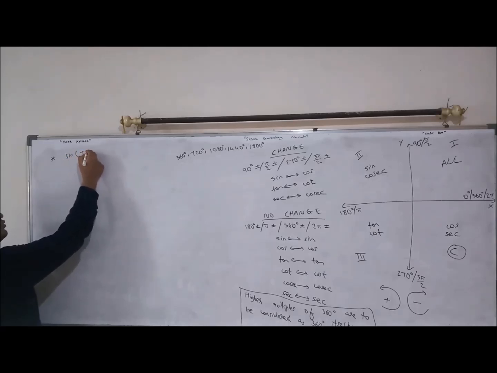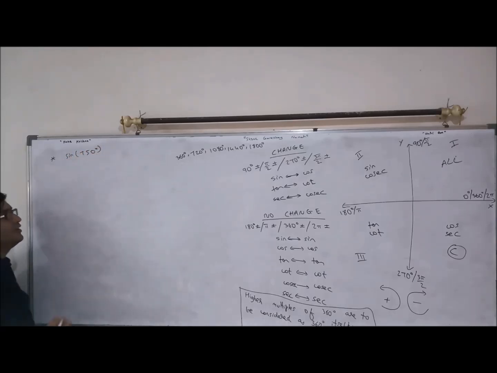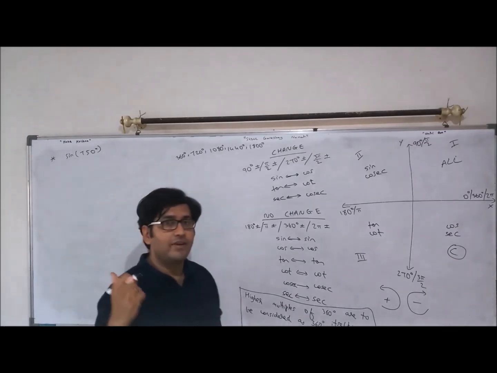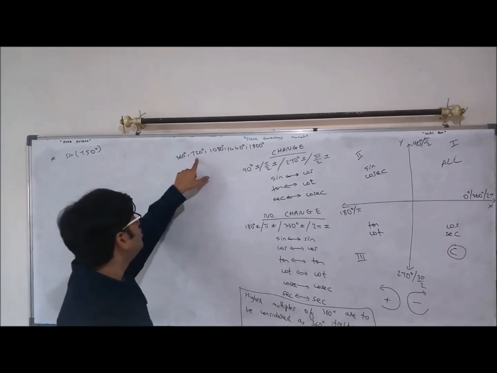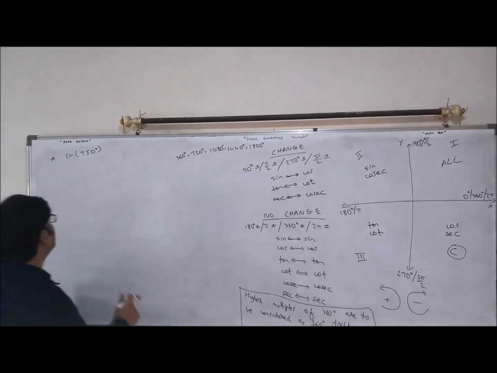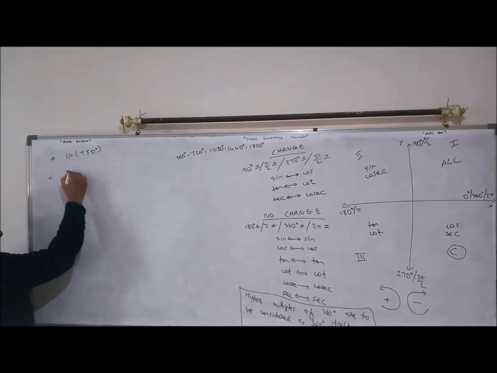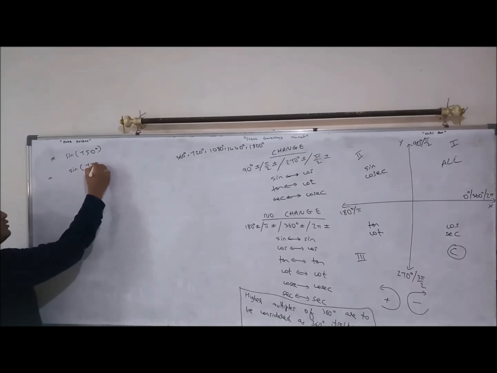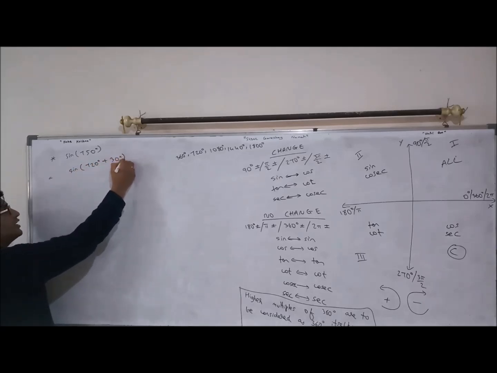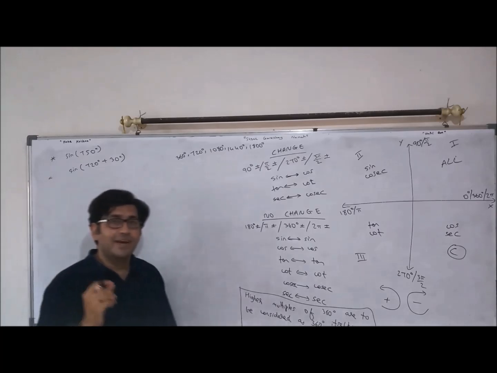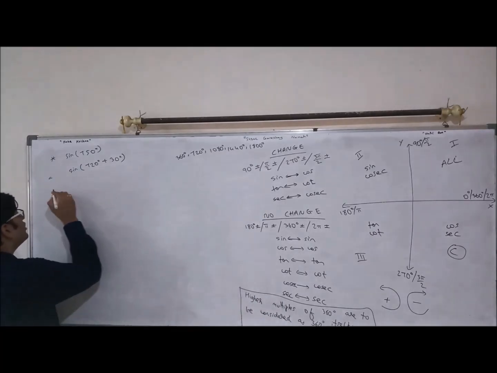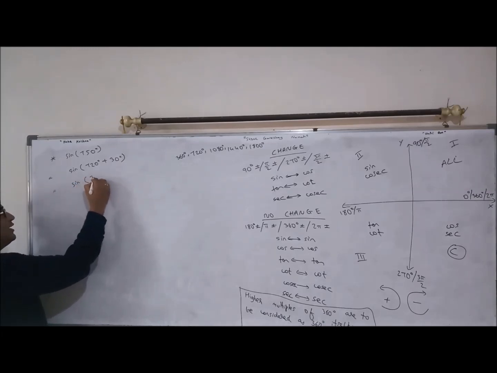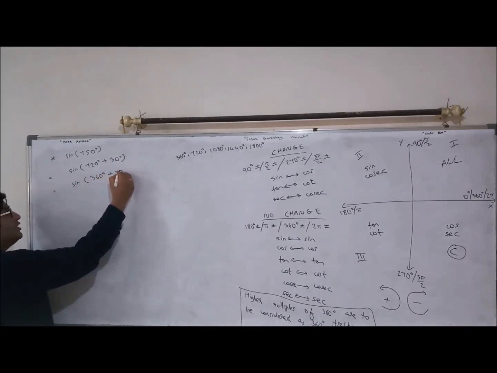For example, let us say you want to calculate sin 750 degrees. Now students, you have to check which multiple of 360 it is closer to. It is closer to 720 degrees. So I am going to express this as sin of 720 degrees plus 30 degrees. Just now I told you that 720 degrees can be replaced by 360, so I will replace it and write 360 degrees plus 30 degrees.